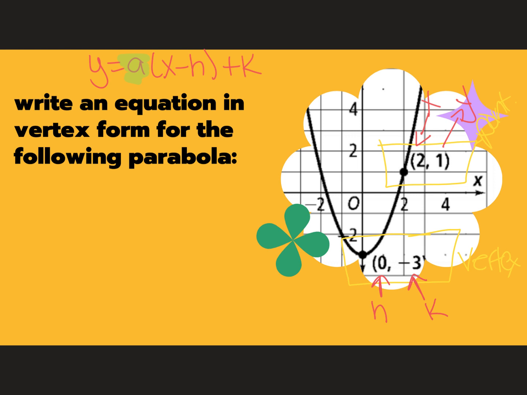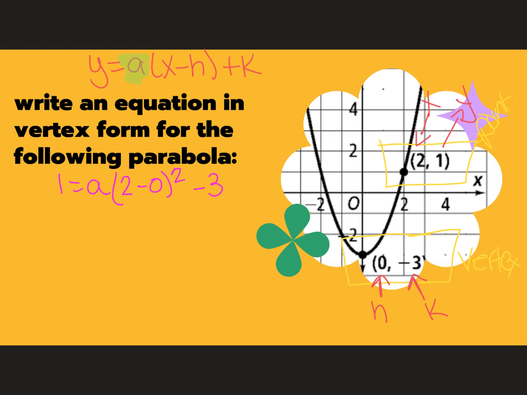So let's go ahead and plug in. My y value, I have 1 equals, I do not know what my a value is, I need to solve for that. My x value, that's the x value of our point. I have 2 minus my h value, that's coming from my parabola, 0, squared, and then my k value is minus 3.